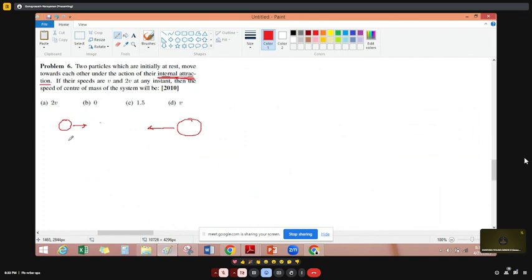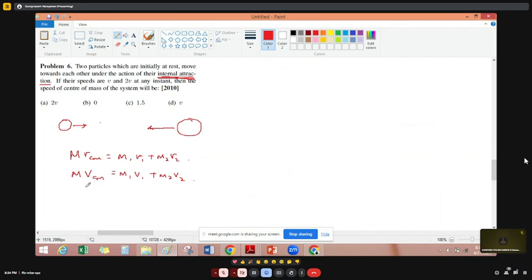So no external force means, I told you I can use the formula M RCM is equal to M1R1 plus M2R2. I told you if I differentiate this, I will get M VCM is equal to M1V1 plus M2V2, right? Since there is no external force, center of mass will remain the same.